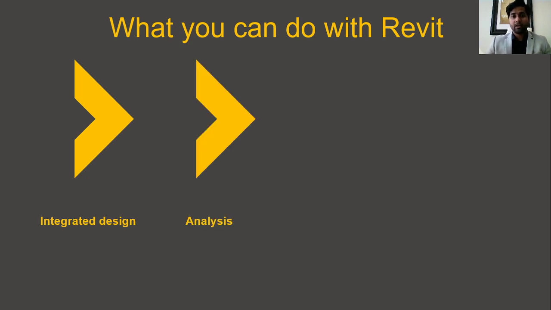Now, we can do analysis. When we say analysis in the MEP part, we can actually do calculations. We can do analytical models here. We can do the energy analysis. We have a lot of other sizing options like duct sizing and pipe sizing available in the Revit software.